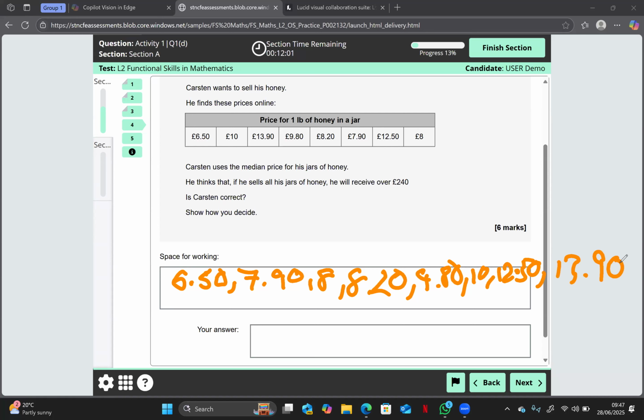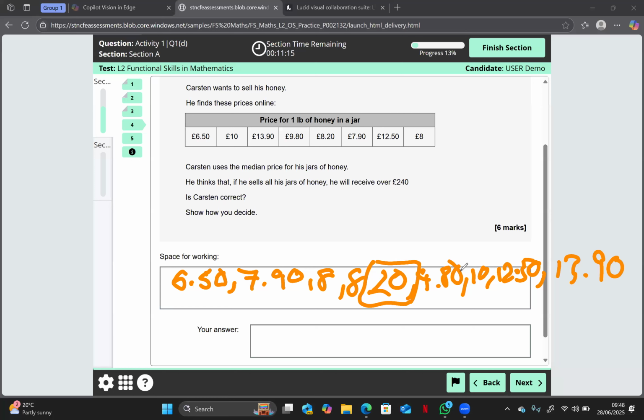So there are 8 numbers now. Out of 8, we can't find the median directly, so we need to find the middle two as it's an even number. The median would be the middle two.